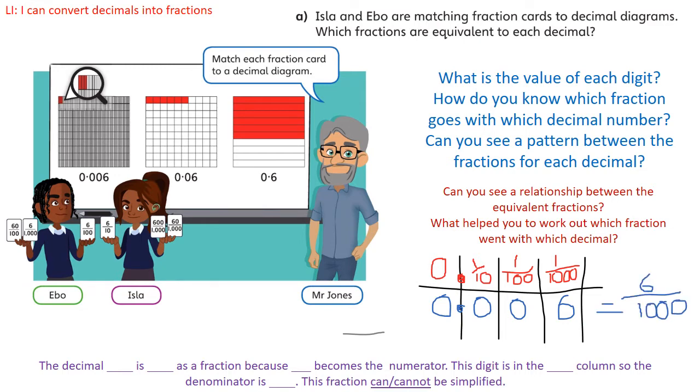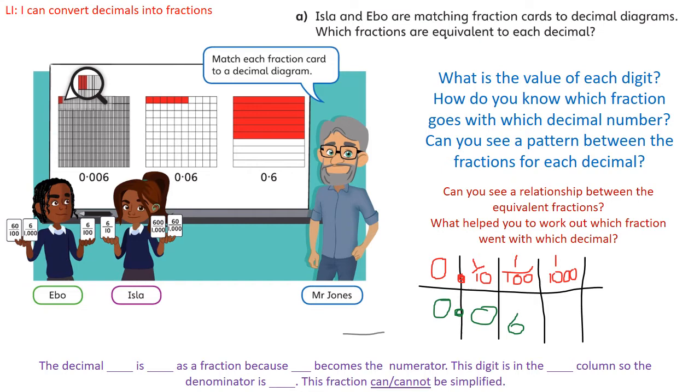Therefore, we can write it as 6 thousandths. So 6 becomes the numerator and our denominator is the column that it's in, which is thousandths. Let's have a look at the next one.